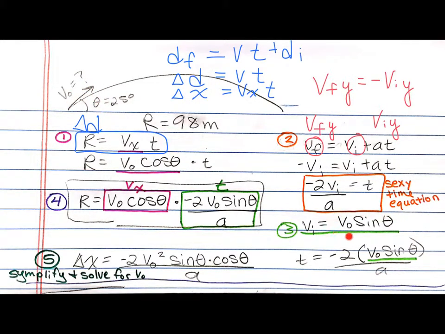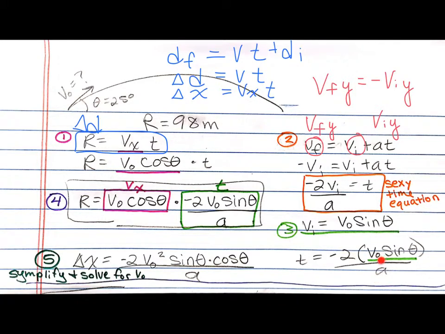So I do V naught sine theta. I plug that piece of information into the sexy time equation. So I'm taking this piece and I put this piece in for this piece here. So then I get negative 2 times V naught sine theta, which is VIY, over A, which is negative 9.8.